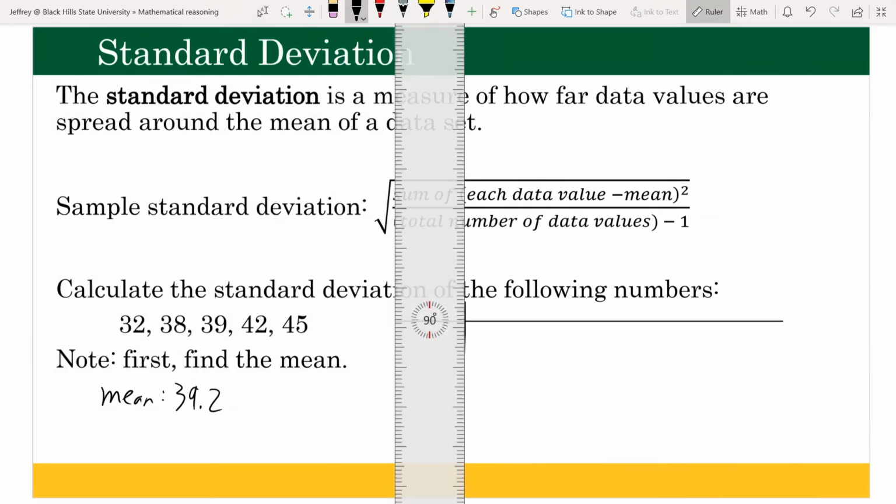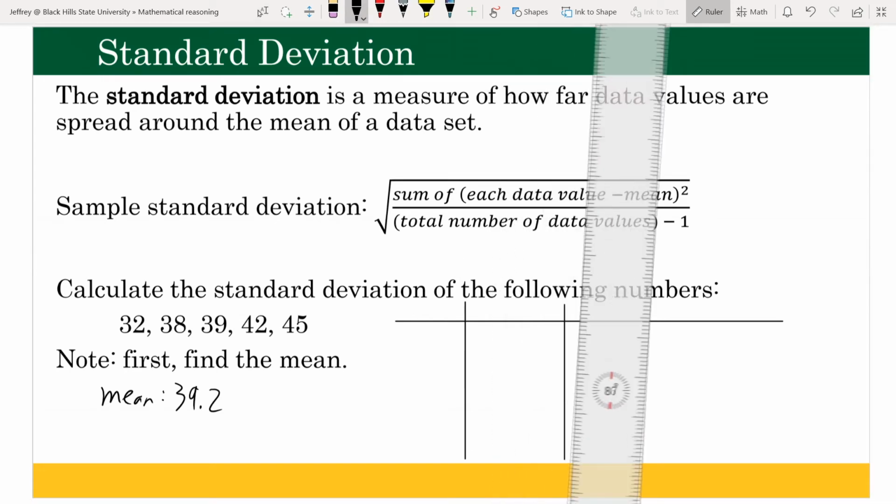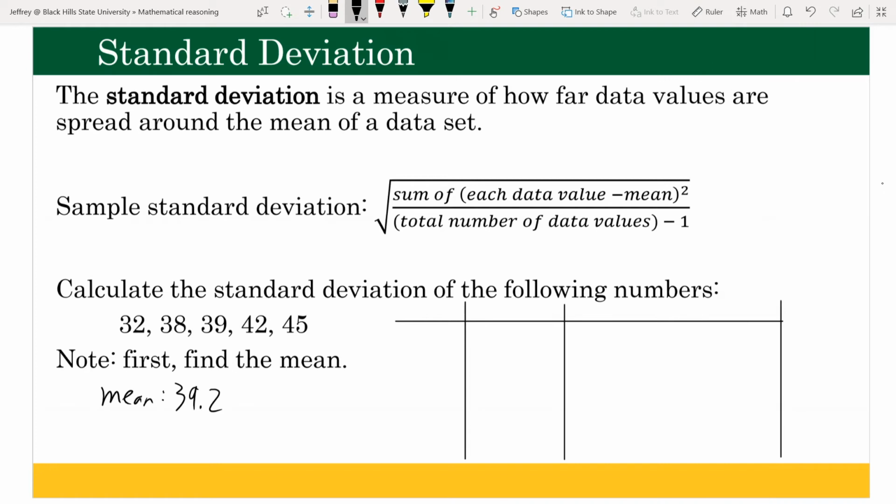The best way I can suggest to find the sample standard deviation is to make a table. So I'm going to list out the x values, x minus the mean, and then x minus the mean squared.